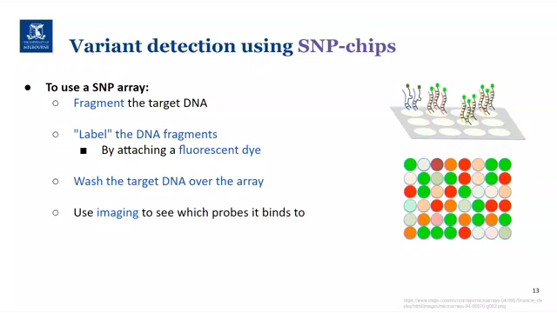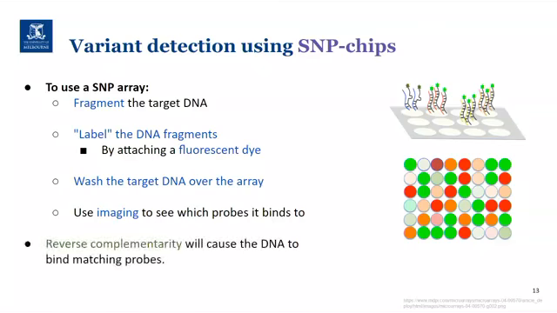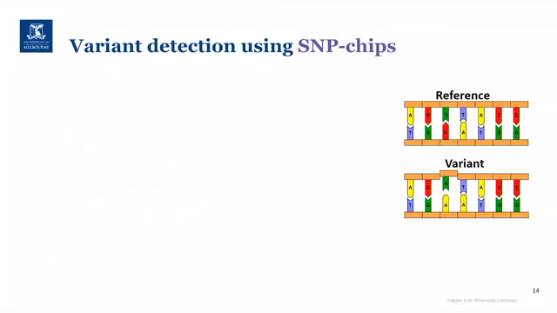We'll use an imaging instrument to check whether we have any complementarity to the probes. Complementarity will cause the DNA to bind and match the probes, so we can identify whether a given sample has or does not have a given part of DNA. For SNP chips in particular, we can have probes with our reference sequence and with our variant sequence.